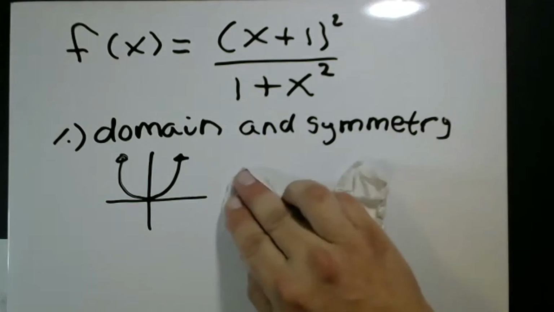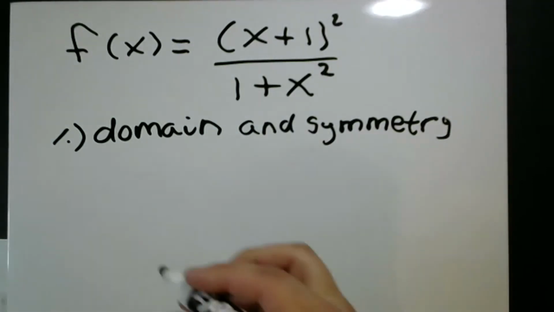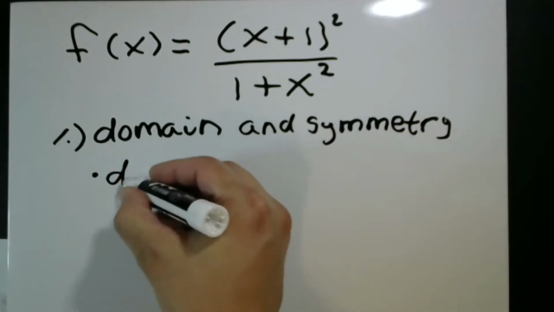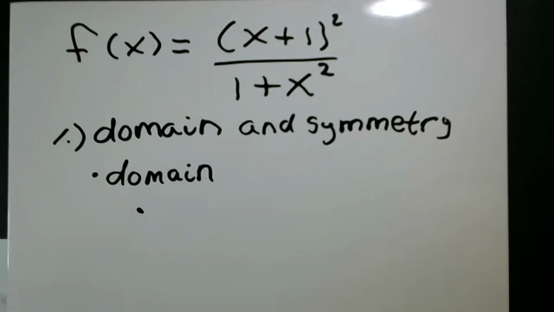But let's take a look at domain. First off with domain, we're looking for places where this function might not exist. These are basically places along the x-axis, or values of x.